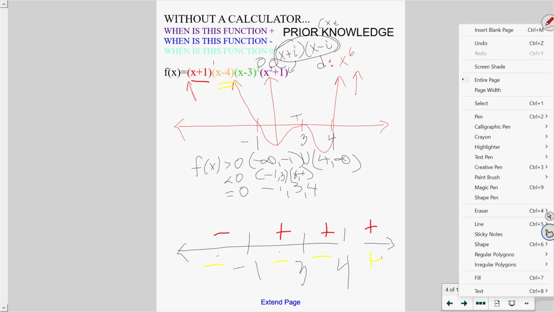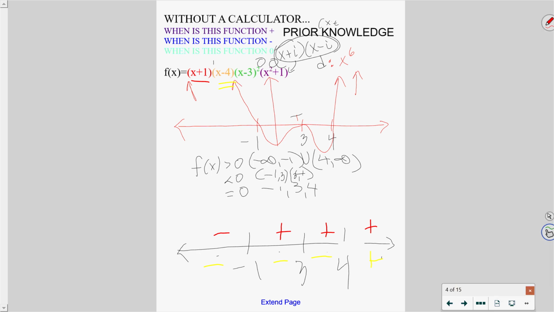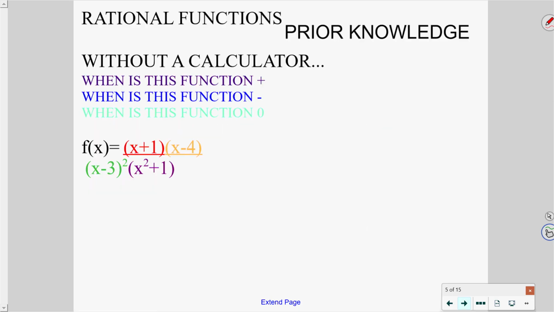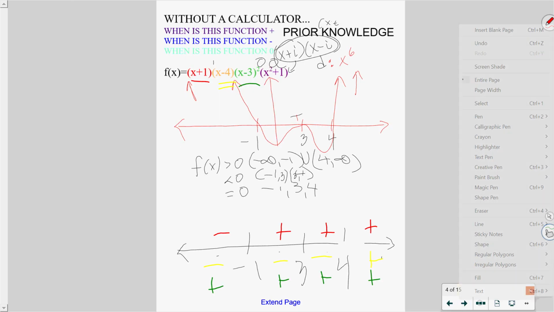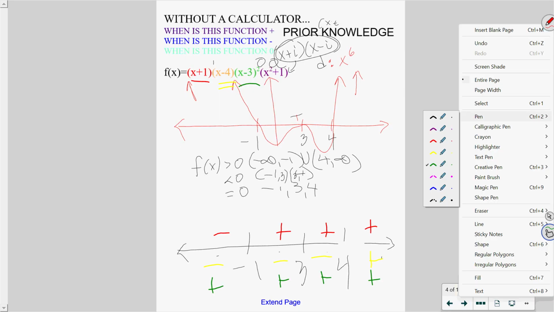What do you think about a sign graph for the 3? x minus 3 all squared. Austin, what do you think then? It's all positive, right? So I could put all positives. And then how about a sign graph for x squared plus 1, right?